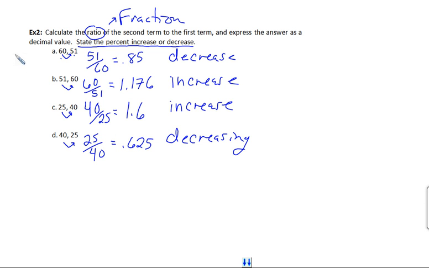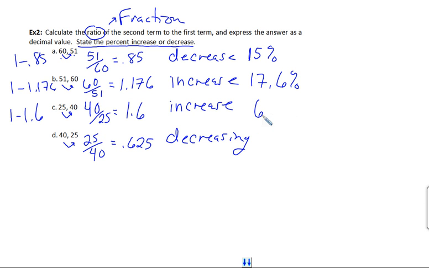So for this guy, I would do 1 minus 0.85. And that would give me a decrease of 0.15, which is 15%. This guy, I'm going to do 1 minus 1.176, which gives me an increase of 17.6%. 1 minus 1.6, increase of 60%.